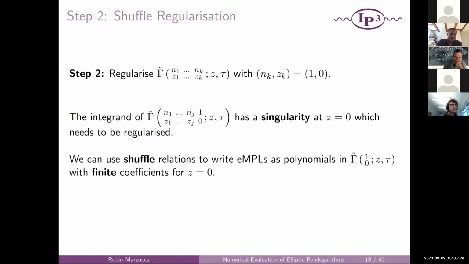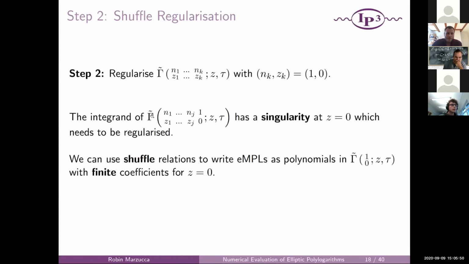Now, step two is to regularize the EMPLs which have 1, 0 as their last argument, because of course these will formally diverge. They have a singularity at z equal to 0, the starting point of the integration, which we don't want.